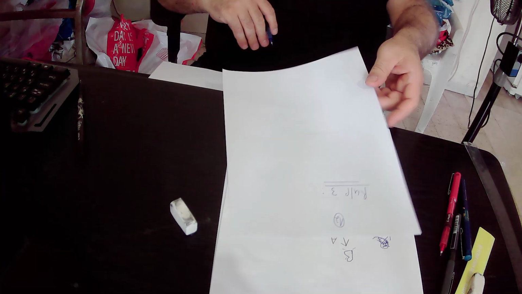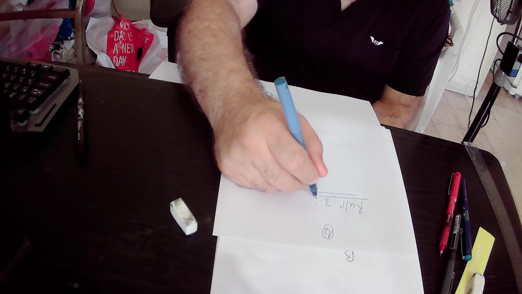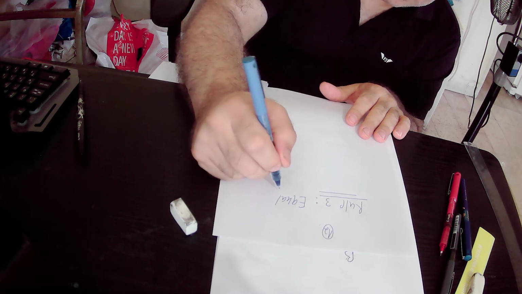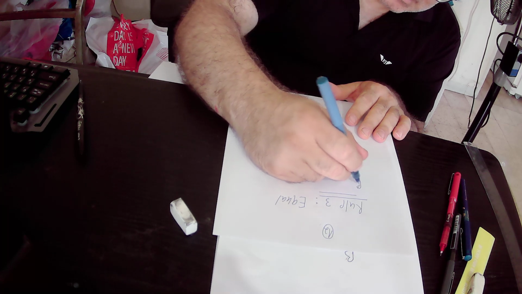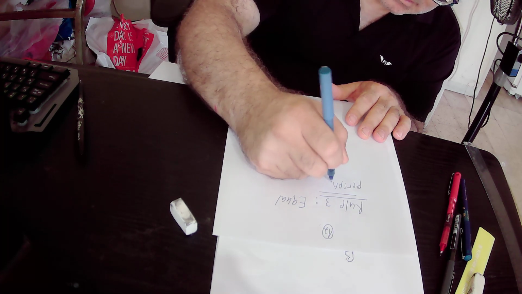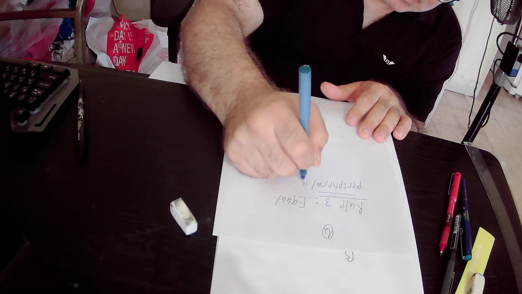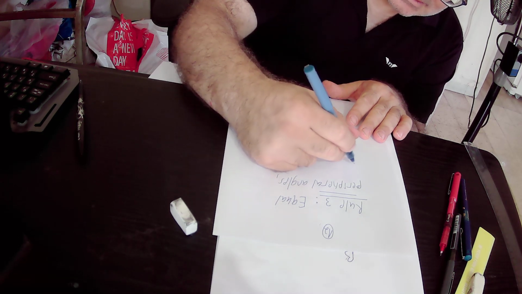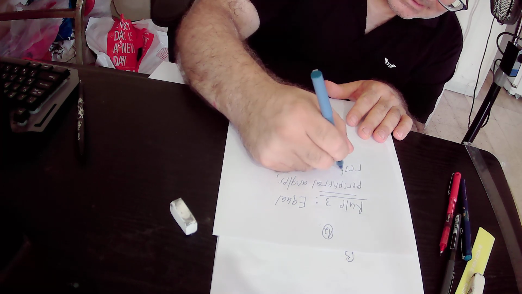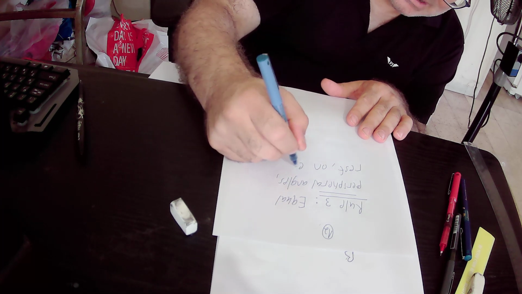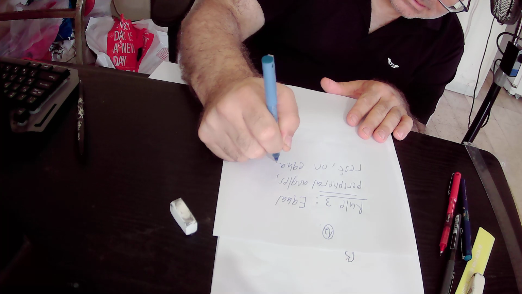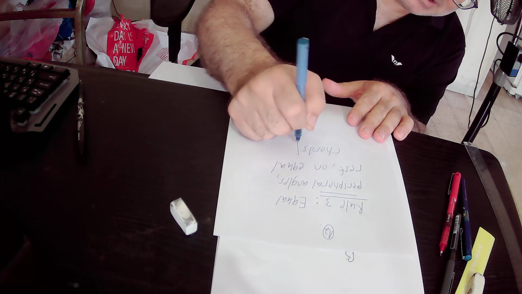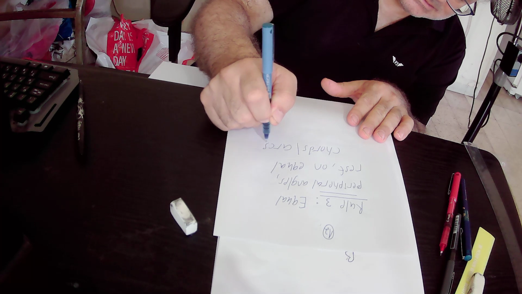Okay, so I will write it down. Rule number 3 states that equal peripheral angles rest on equal chords or equal arcs.